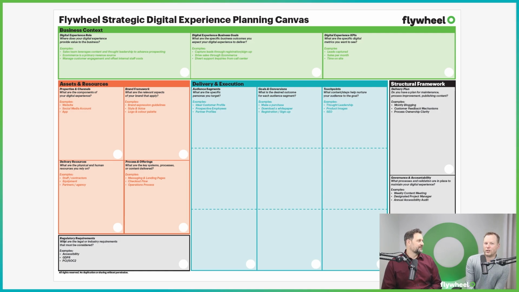So the orange section is really where we want to know, what have you got in your ecosystem at the moment? We're talking about systems, properties, processes, tools, people, resources, all that kind of stuff, and brand. How you come forward, and messaging and voice and articulation is part of that asset inventory.